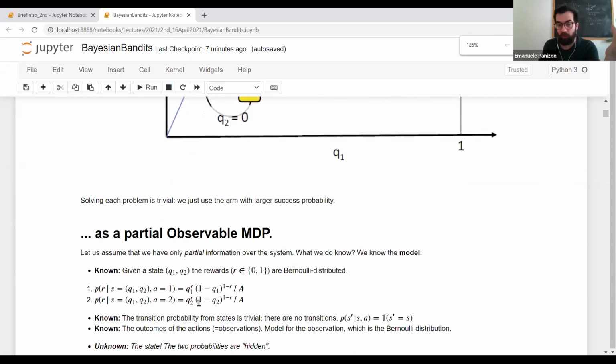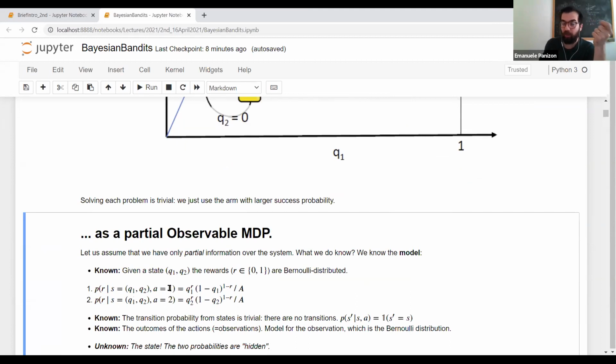So what is known? The first thing which is known is that when I have fixed Q1, Q2, I know how the reward function is distributed. So if I know the state, the reward function is perfectly known, and it's a Bernoulli, as we said. Essentially, the probability of having a result. For example, if I have Q1 and Q2 and I choose to act with the first coin, it is this here.